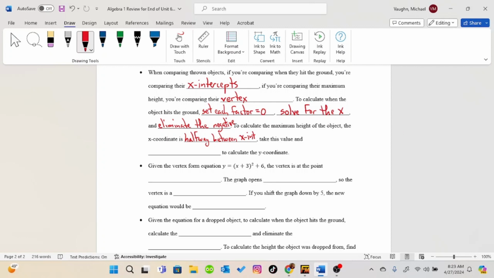Take this value and substitute into the equation to calculate the y-coordinate.